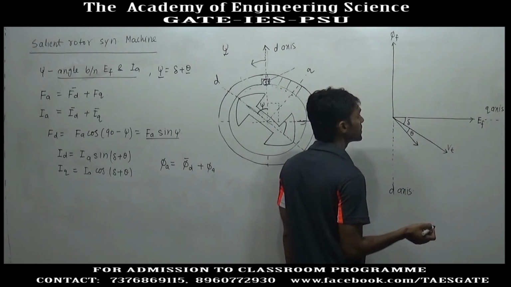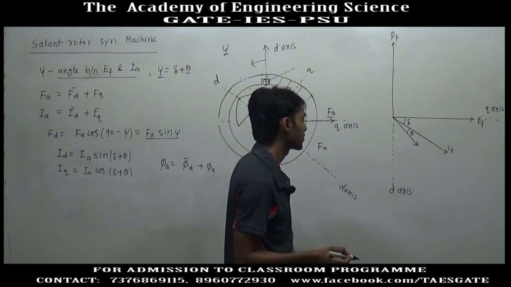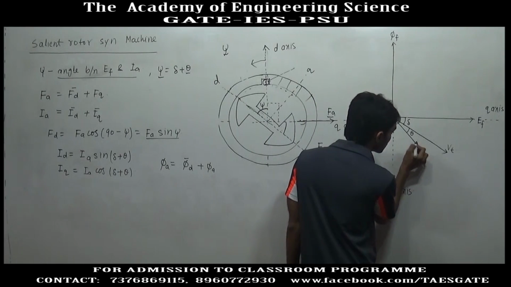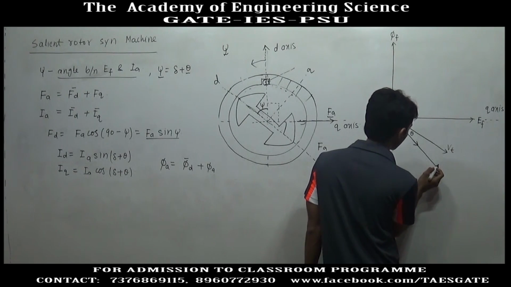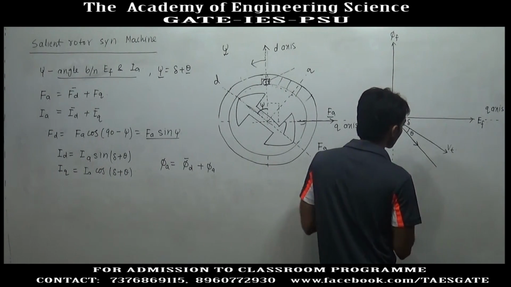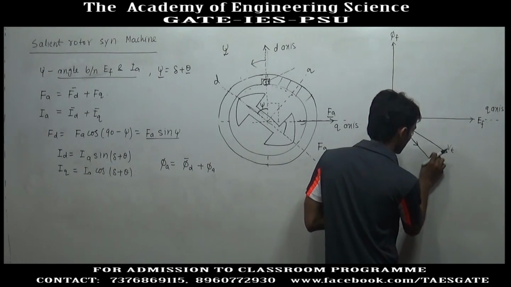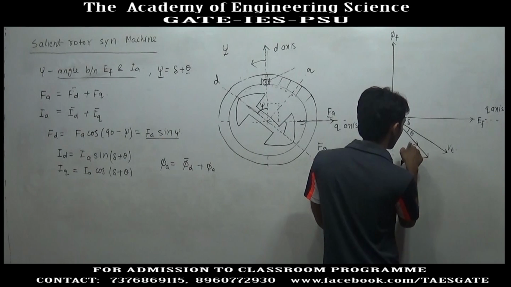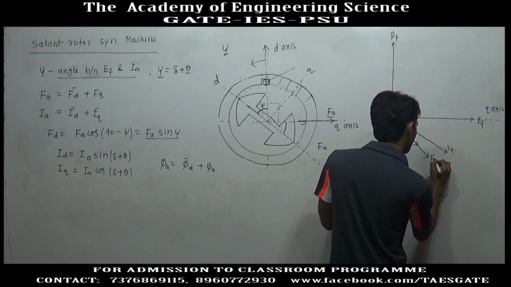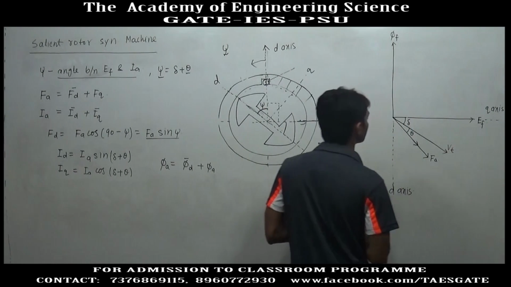These two quantities are linearly related by the number of turns. So let us say the armature MMF is 1.5 times the armature current. This is armature current and this is armature MMF.